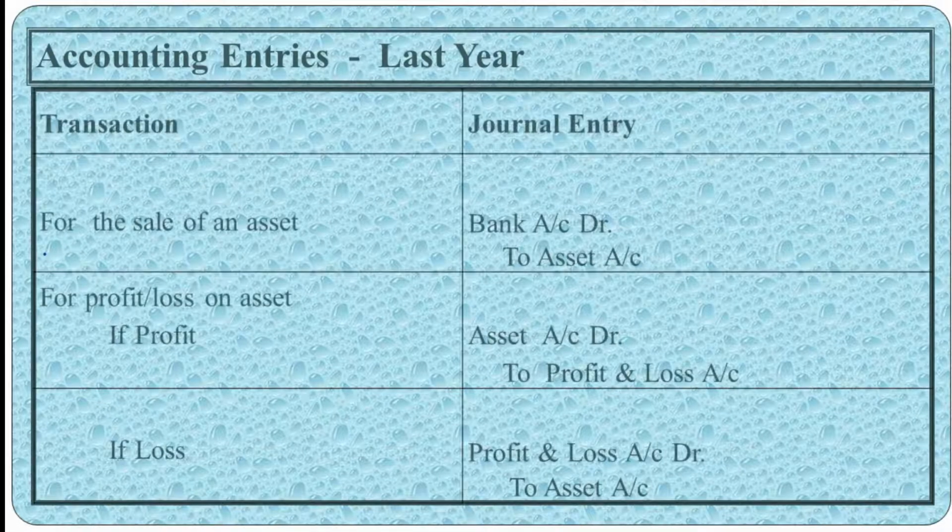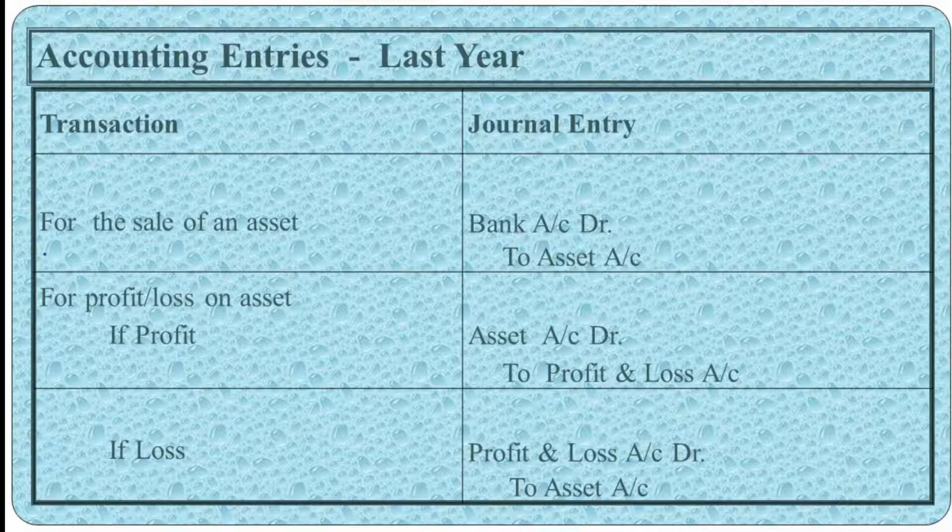The next entry is passed if asset is sold as scrap. The entry for sale of asset as scrap is bank account debit to asset account. One has to note here that this entry is passed only if asset is sold as scrap.